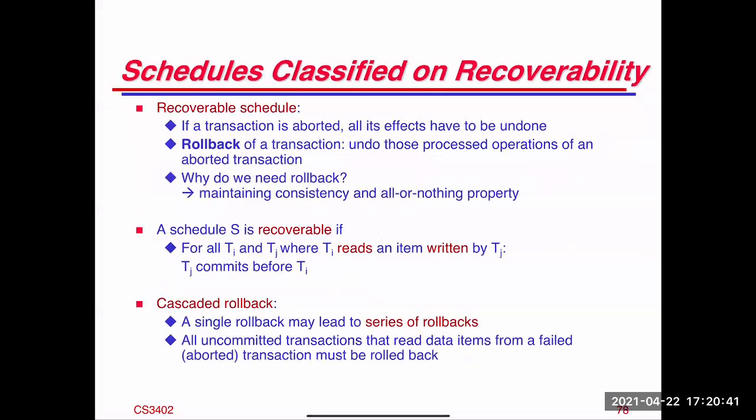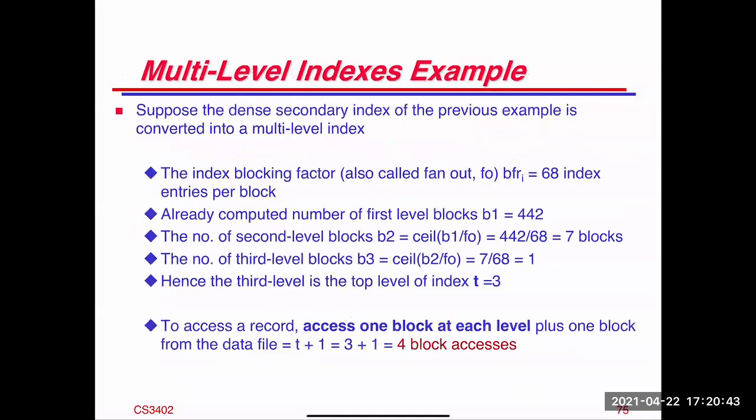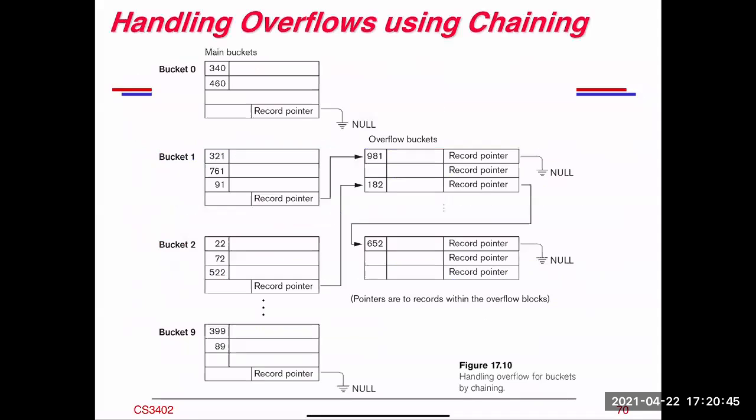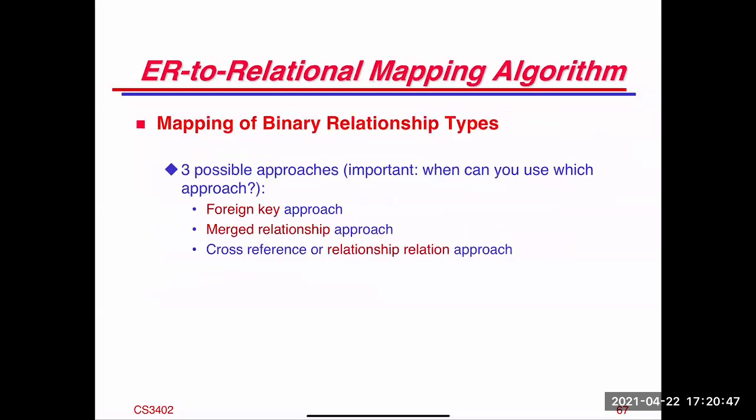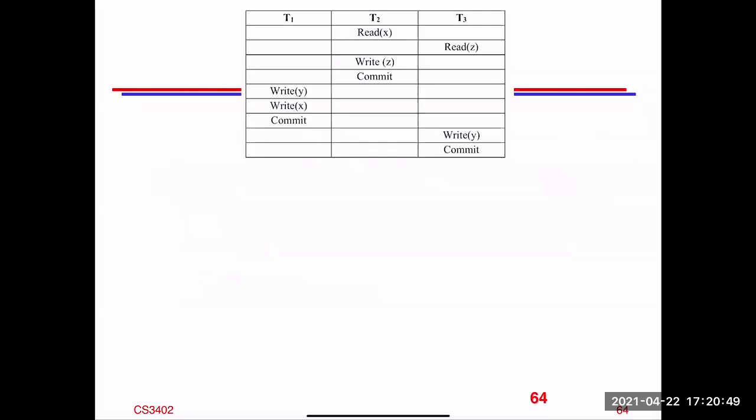Now I think we still have some time to go back to this example that I wanted to do. Let's look at this slightly more involved schedule of three transactions. Let's first assume that we're using C2PL, conservative two-phase locking.